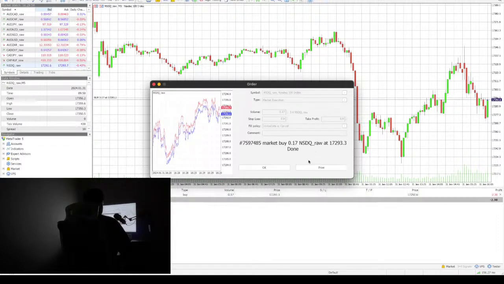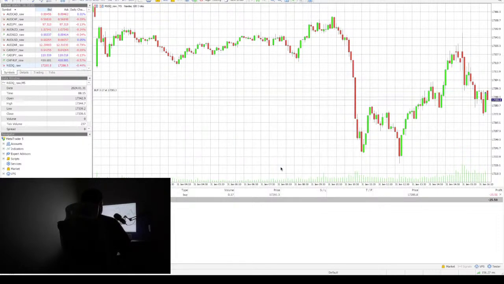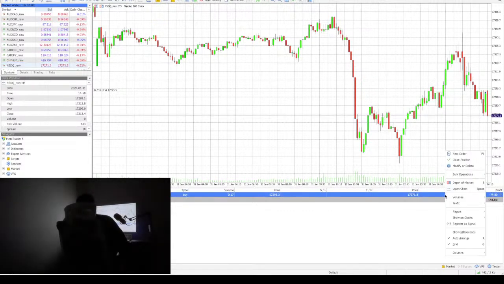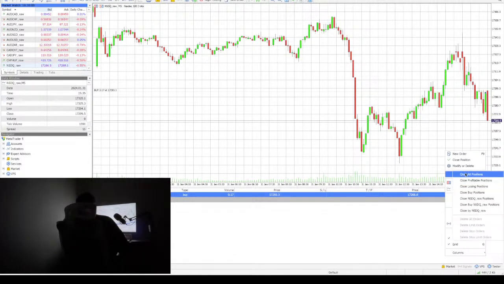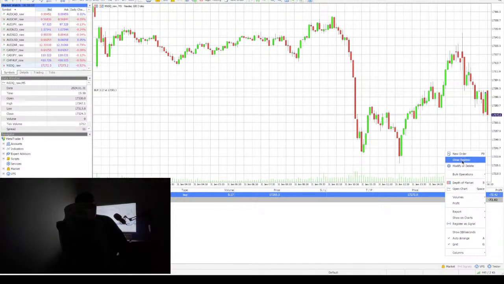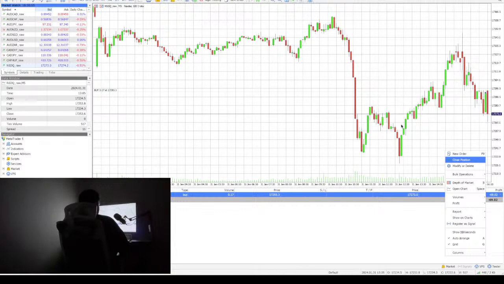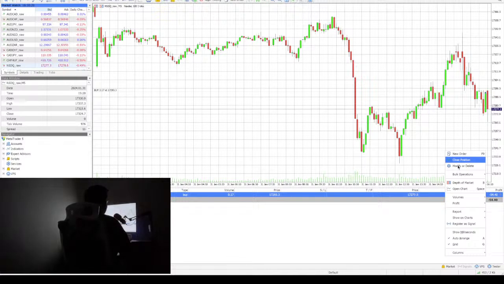All right, so I have opened the trade. Let's place the stop loss at 17265.1.